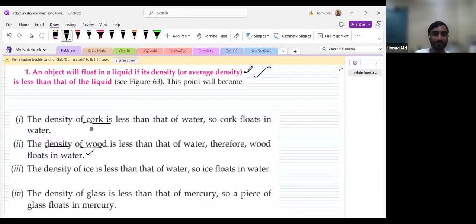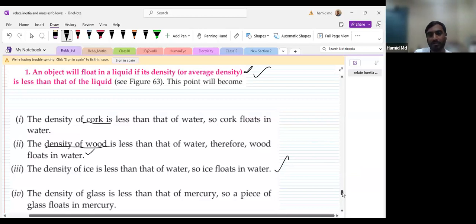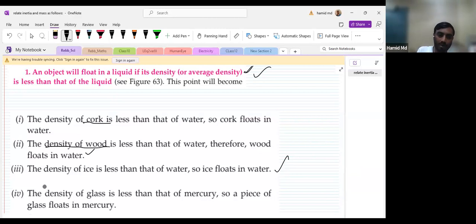So the density of ice is less than the density of water, so it floats. We already discussed that. That's one of the laws of nature. If the density of ice were more than that of water, it would have sunk to the bottom.